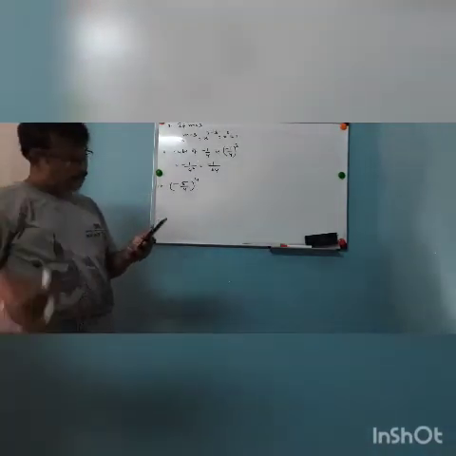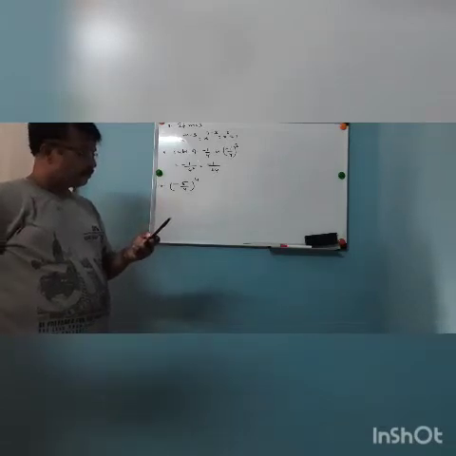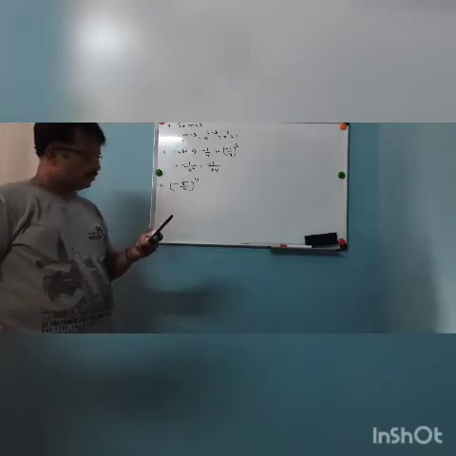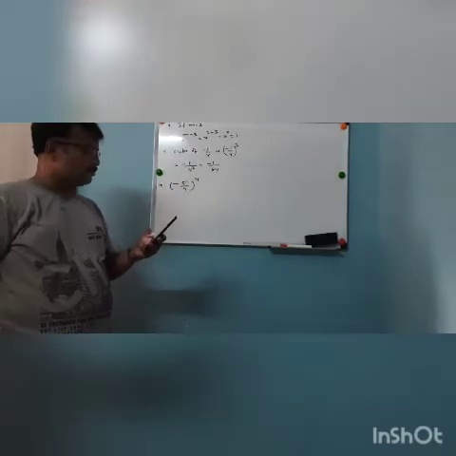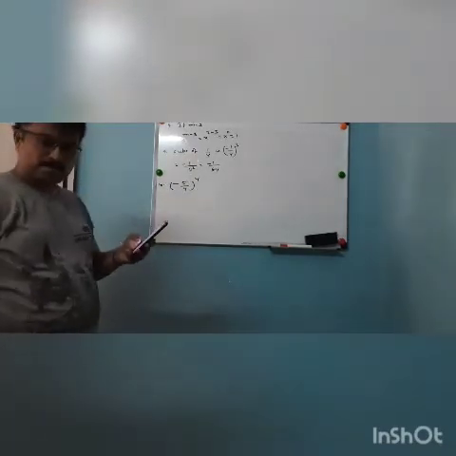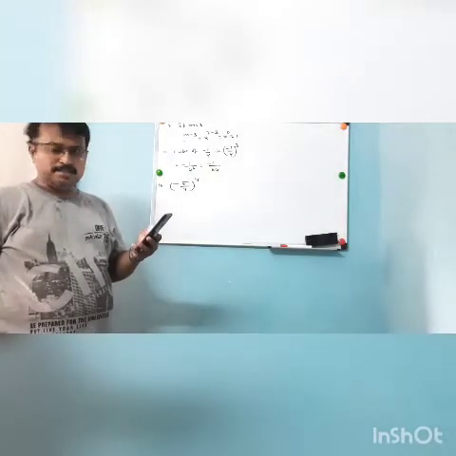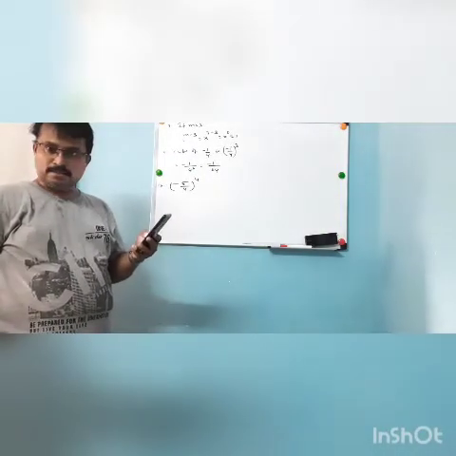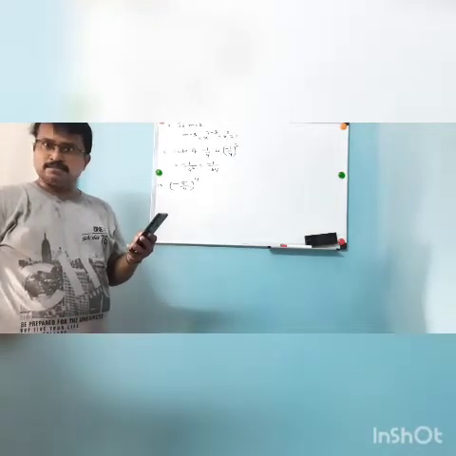Here, two options are not equal. The first one is equal to, the second one is not equal to, the third one is also not equal to, and the fourth one is also equal to. So that's why here two answers are there, so we cannot put the answer.